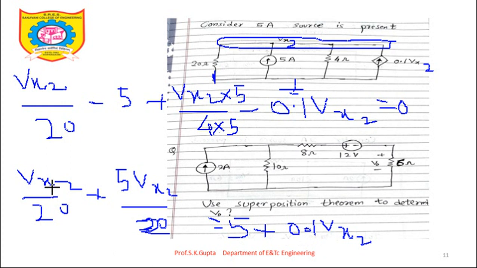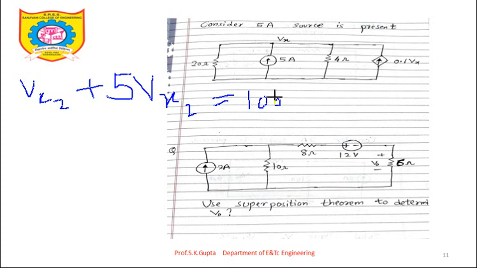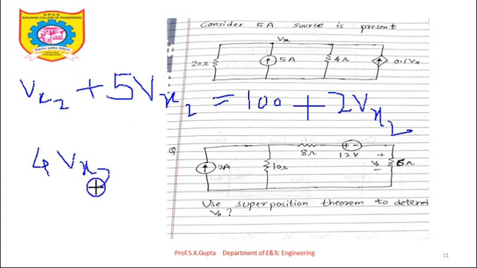So Vx2 plus 5 Vx2 equal to 100 plus 2 Vx2. Then this 2 Vx2 will come to this side. So this side is Vx2 plus 5 Vx2 minus 2 Vx2, 4 Vx2 equal to 100.